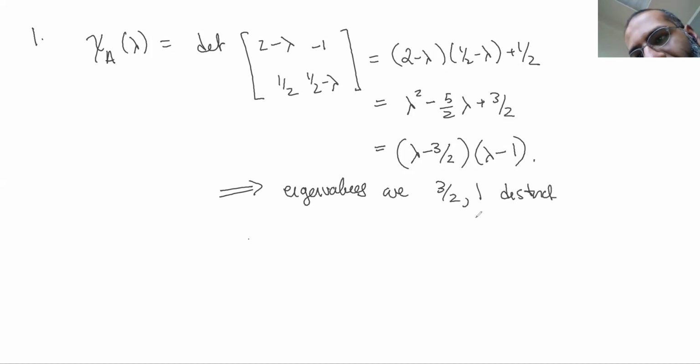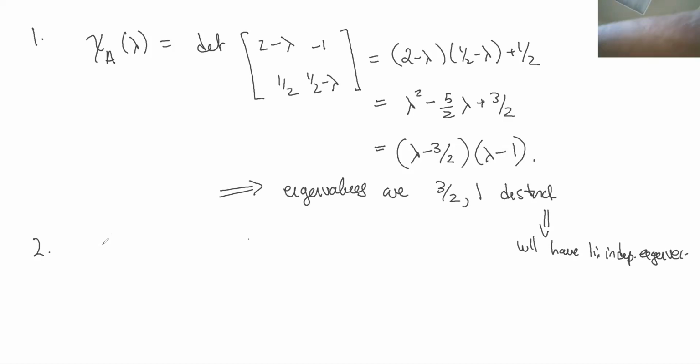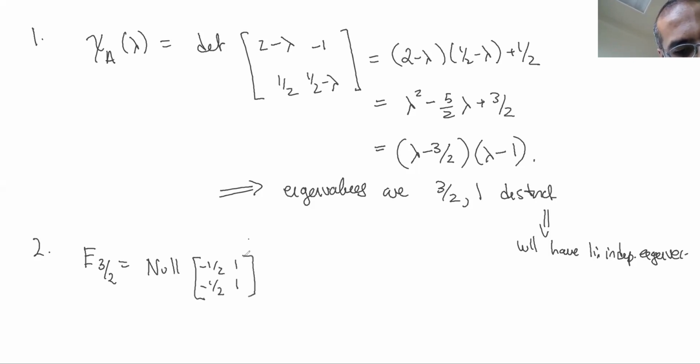So by the previous theorem, you'll have linearly independent eigenvectors. But let's calculate them. Okay, so for the eigenvectors, you have to do a little bit of row reduction. The 3 halves eigenspace is the null space of the matrix minus half, 1, 1, which turns out to be the vector 2, 1.